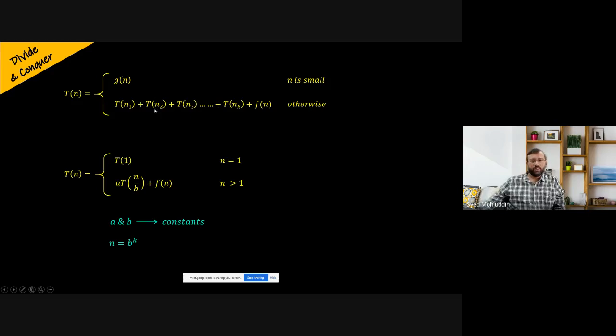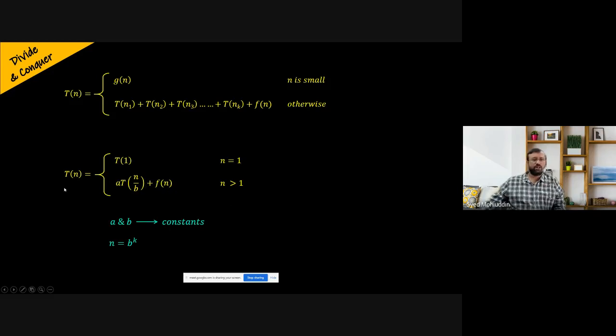Let us say there are a calls to the recursive function. So T of whatever, T of whatever, T of whatever, is a times. We can rewrite this entire thing as a multiplied by T(n/b), where n/b is the size of every subproblem n1, n2, n3, plus the remaining f(n).